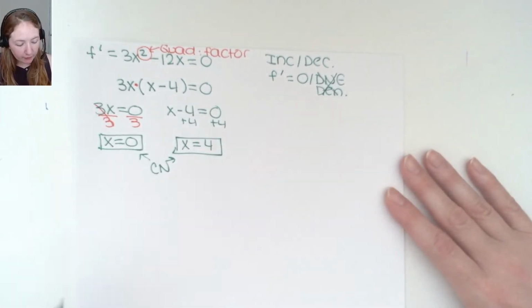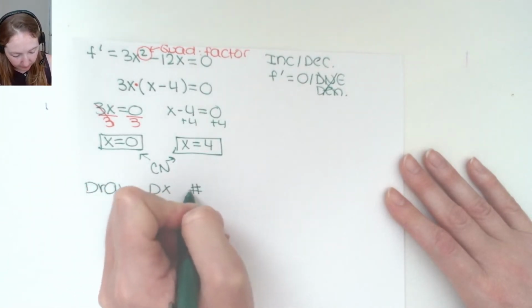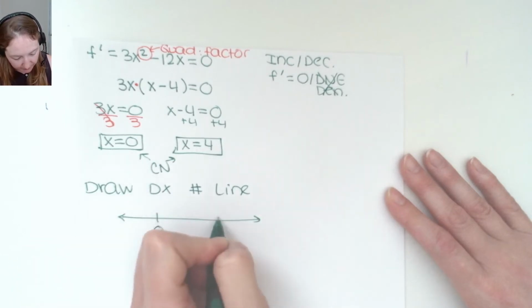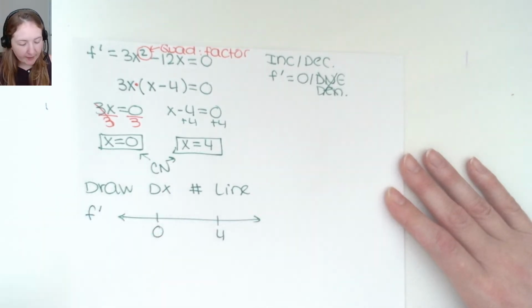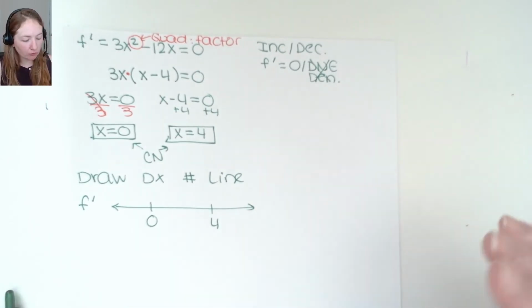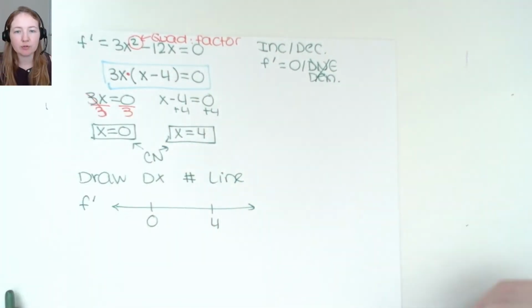Now, once we have our critical numbers, we then draw our derivative number line. And with that derivative number line, we're going to plop down the 0, plop down the 4, and plug into the derivative. Now, remember, we want to plug into the derivative right before we set those factors equal to 0.